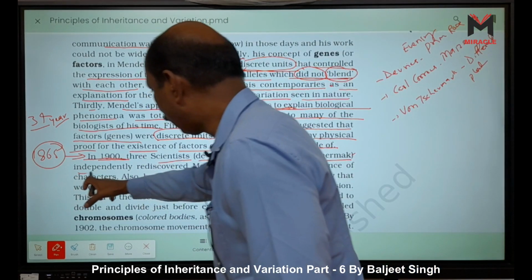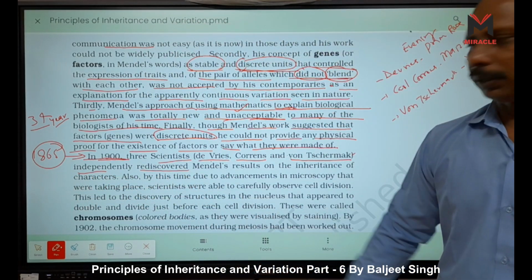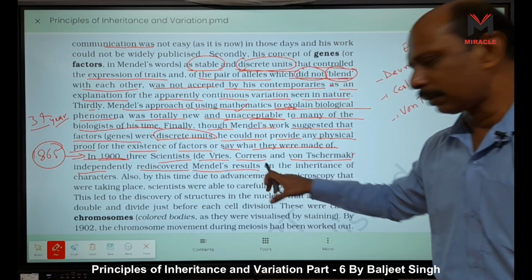They independently rediscovered Mendel's work, Mendel's results.